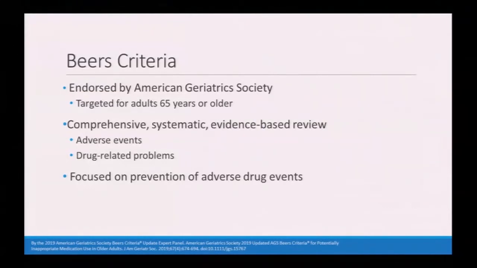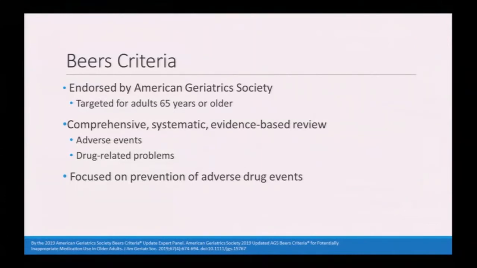So the first criteria that looks at high-risk medications is called the Beers criteria. It's endorsed by the American Geriatrics Society and targeted for adults 65 years or older. And every 3 years they take a comprehensive, systematic, and evidence-based review of all the literature that's been documented and released on different adverse events, updates on new medications, updates on old medications, and any other drug-related problems that have been studied over the past 3 years.